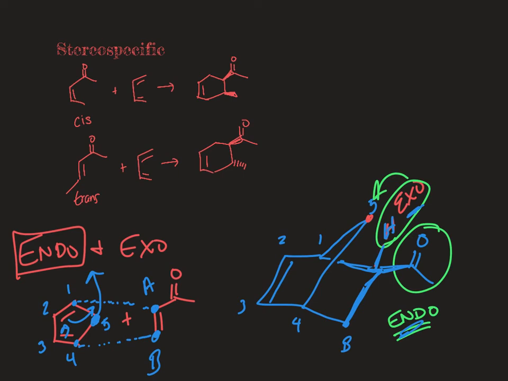Okay. So let's look at one more quick example where we have this bicyclic product and we need to draw endo versus exo. So this time let's react with this diene, and then the dienophile, let's use an aldehyde this time.